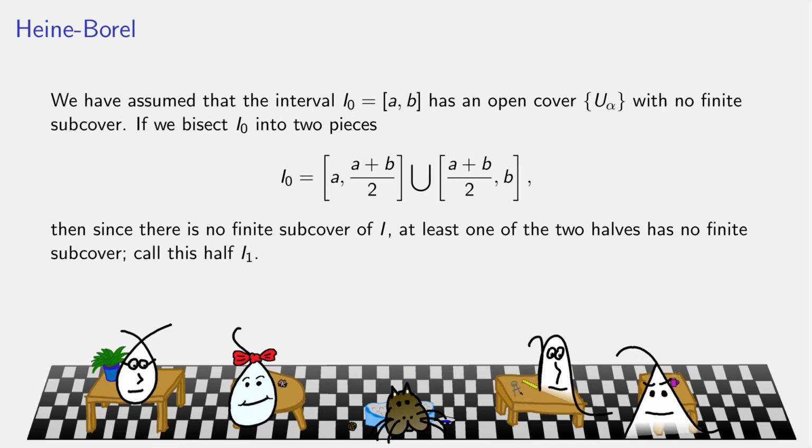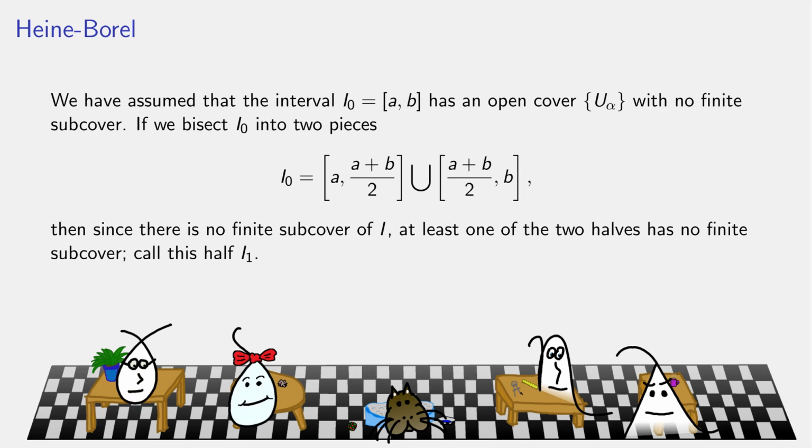Notice I'm not saying that every open cover has no finite subcover, just that there is one particular open cover with no finite subcover. So imagine splitting this interval in half. Instead of going from a to b, put it in two pieces, from a to the midpoint and then from the midpoint to b. Certainly, the interval can be expressed as the union of these two pieces.